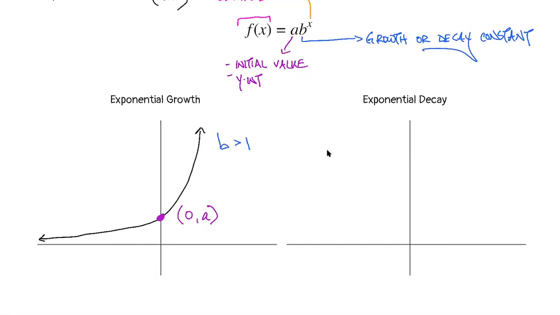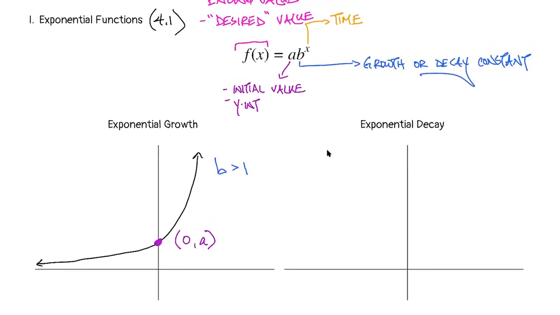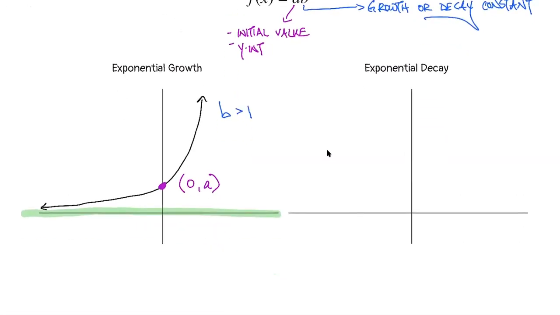Now there's one last feature about the exponential function, and that is that it has an asymptote. Specifically, it has what we call a horizontal asymptote. Let me write that out for you. This is the horizontal asymptote.